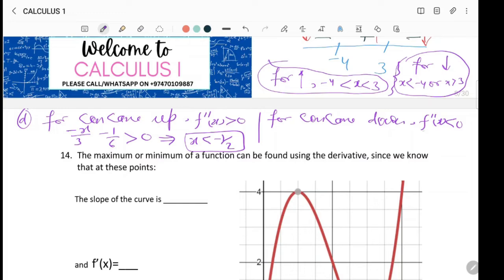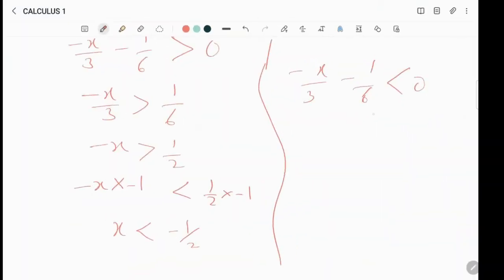And for concave down, f double dash x is less than 0. So minus x over 3 minus 1 over 6 less than 0. And when you solve, x will be greater than minus half. Okay, I'll show it here. Minus x over 3 minus 1 over 6 less than 0. So minus x over 3 is less than 1 over 6.